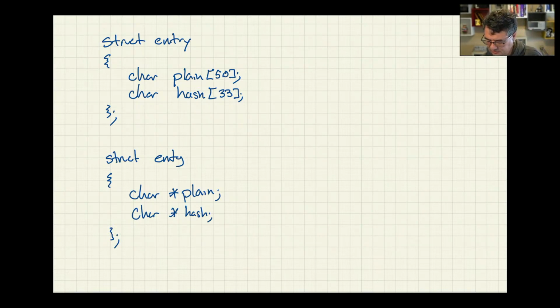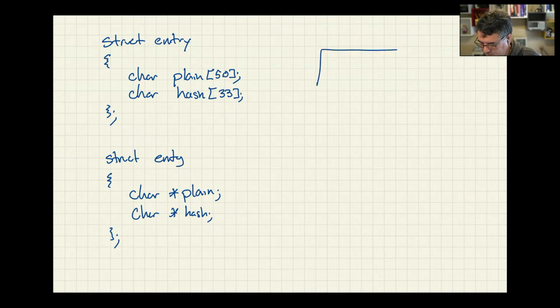So in the first case, you'll have the plain text and the hash stored in the structure itself. This structure will use up 83 bytes, give or take. In the second example, you'll have to have the plain text and the hashes stored elsewhere, and then each one of these takes up 16 bytes, 8 for each one.